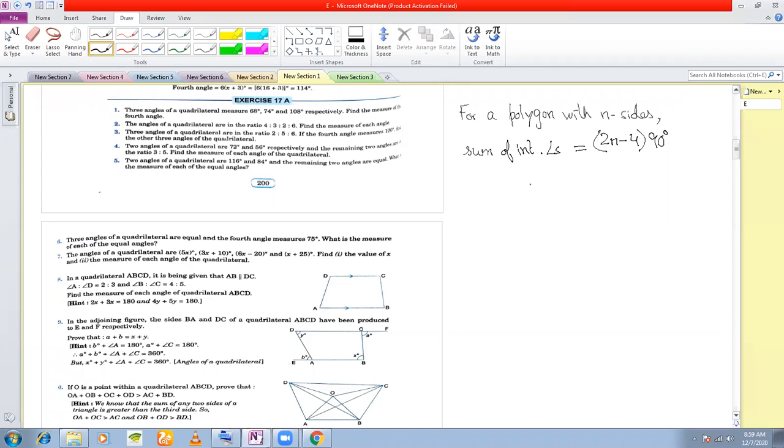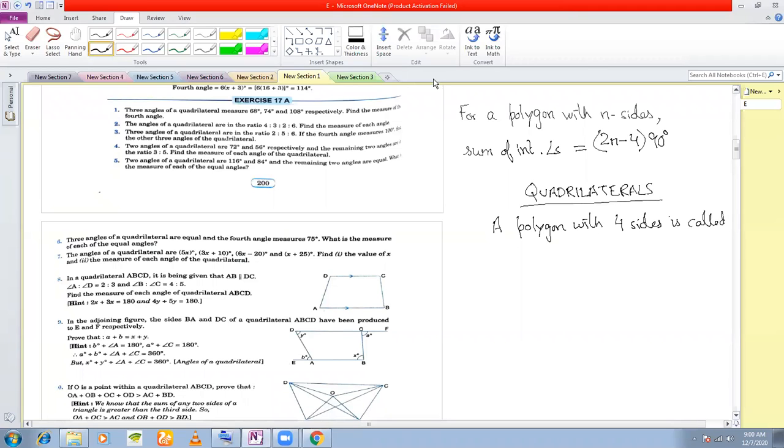We now come to quadrilaterals. A polygon with four sides is called a quadrilateral.